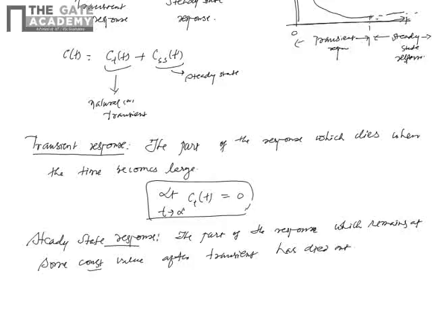That means when t tends to infinity, its value is almost constant. That is called the steady state response. As t tends to infinity, Css of t is not equal to 0.